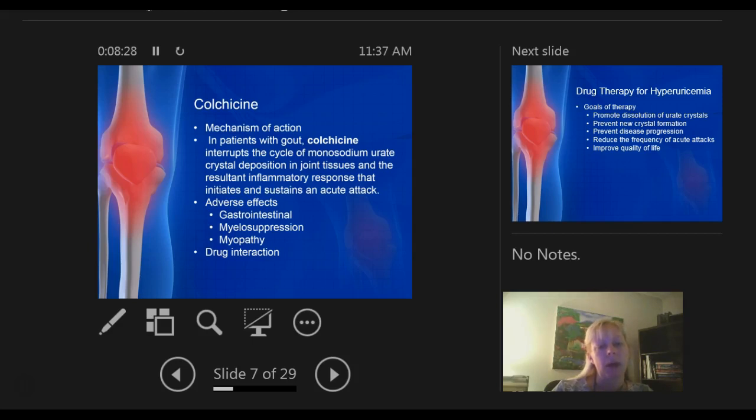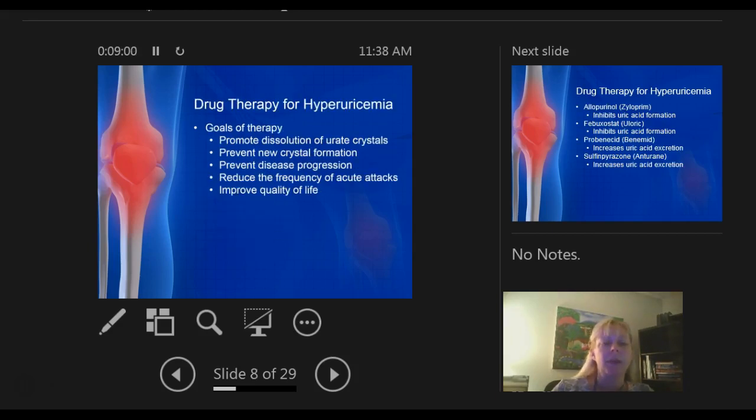And so then inflammation's reduced, and it helps get rid of that acute attack. There are some GI effects, some myopathy, muscle aches, and myelosuppression, bone marrow suppression. It is rare that that would happen, but you just know that it is a side effect. There are some drug interactions, but not a lot. Usually warfarin is one of them, I should say.